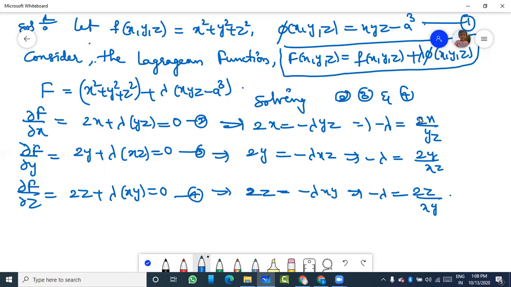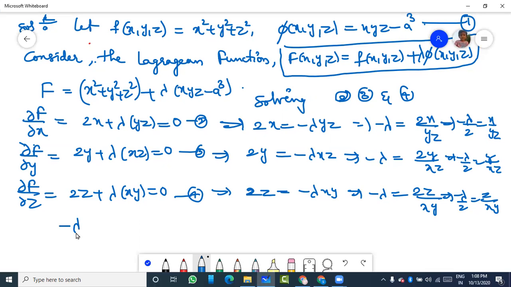If the constant is also taken to the left side, in all the terms, minus lambda by 2 equal to x by yz, minus lambda by 2 equal to y by xz, minus lambda by 2 equal to z by xy. So we can equate one to another.